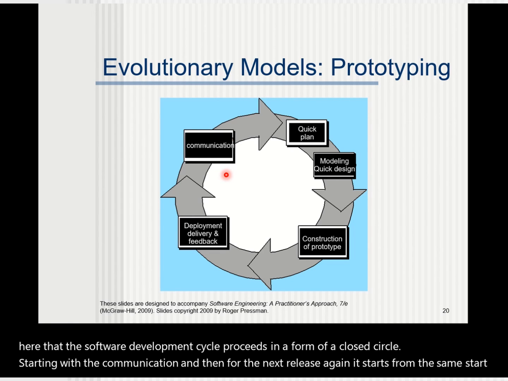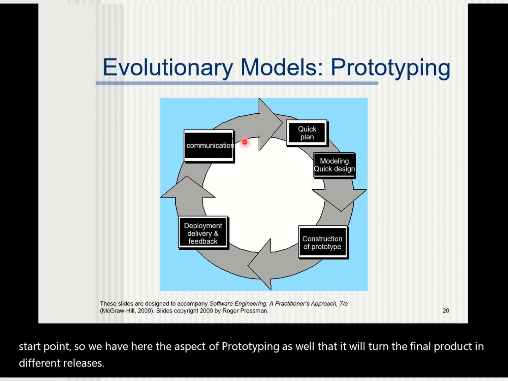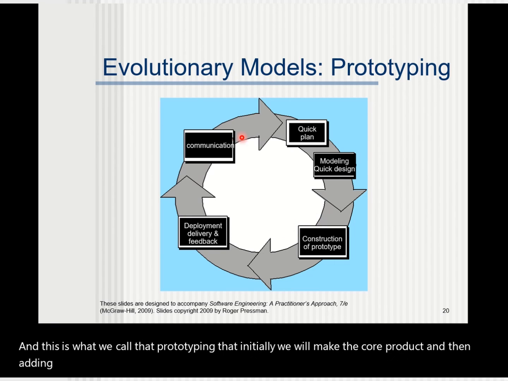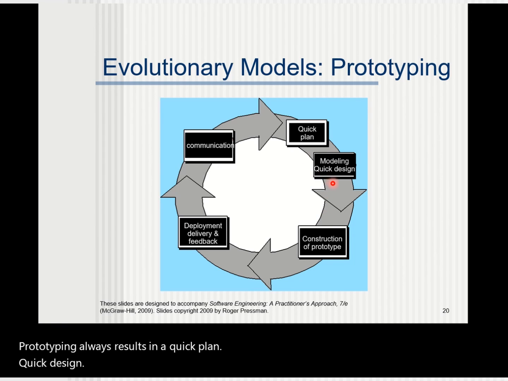So we have here the aspect of prototyping as well, that it will turn out the final product in different releases, and this is what we call prototyping, that initially we will make the core product and then, adding new requirements, we will go through the cycle again and again. Prototyping always results in a quick plan, quick design, then you quickly code and test that initial set of requirements and then deploy for delivery and feedback.